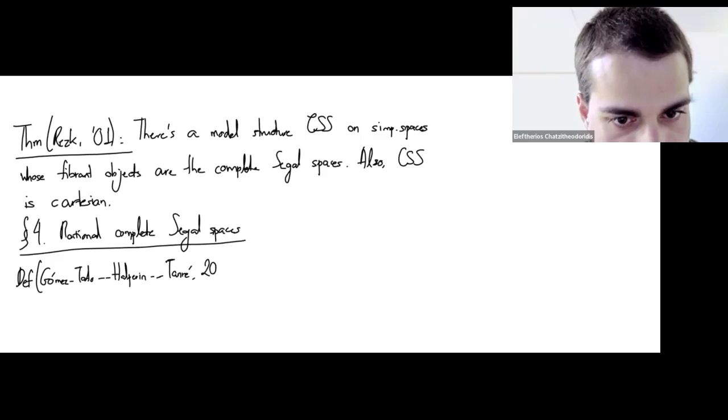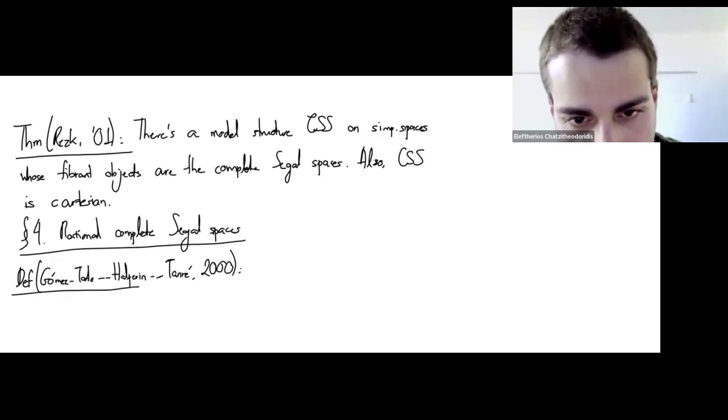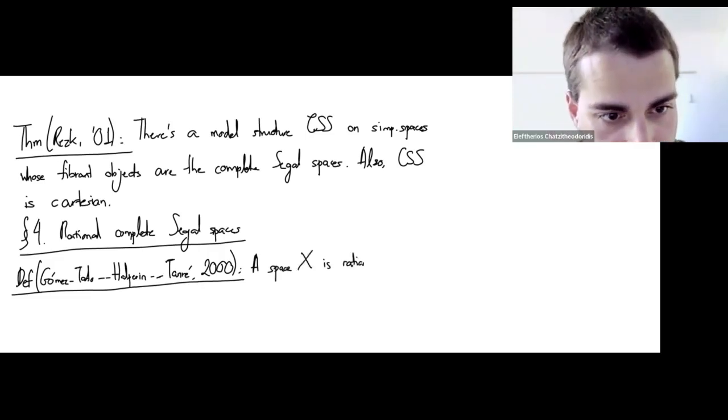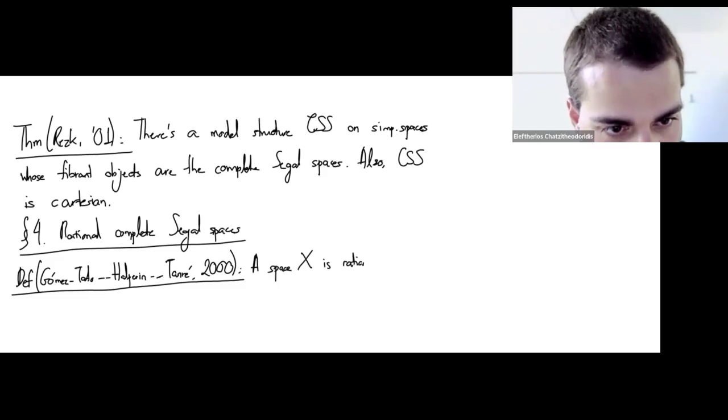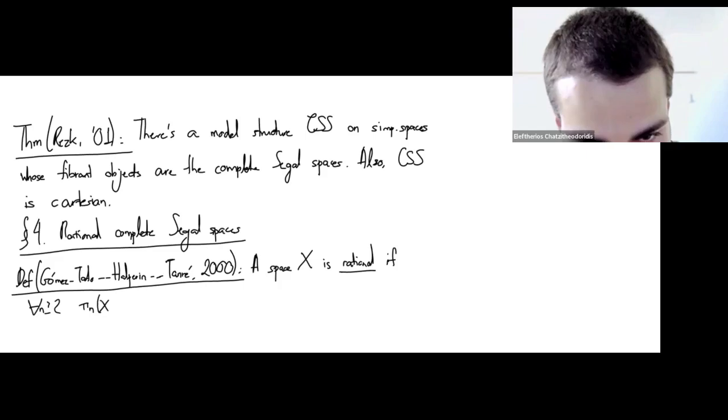We say that a general space, which need not even be path connected, is rational if, with respect to any choice of base point, for all n greater than or equal to 2, the nth homotopy group of X is not just an abelian group, but has the structure of a rational vector space.